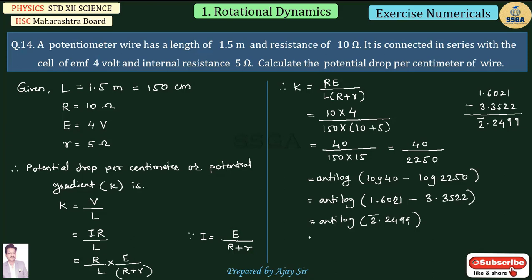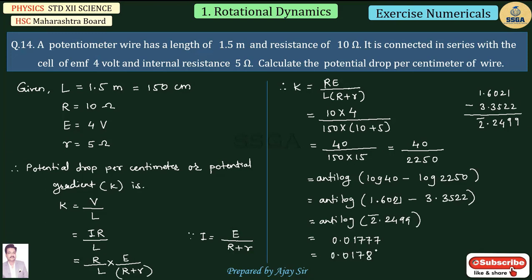Now we have to find the antilog by using the antilog table, at 2499. Using the antilog table, this is 0.01777, or we can write this nearly as 0.0178.